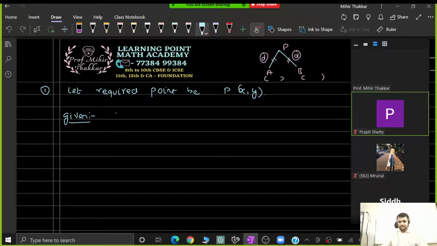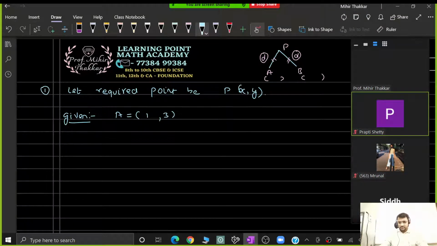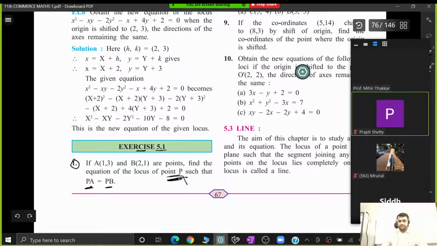Given that A has the coordinates 1, 3, B over here has the coordinates 2, 1.